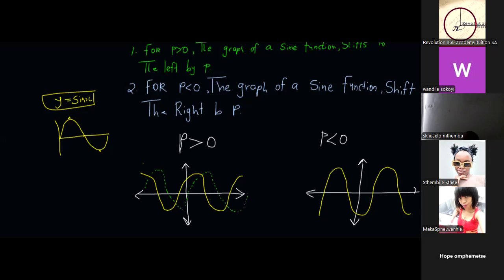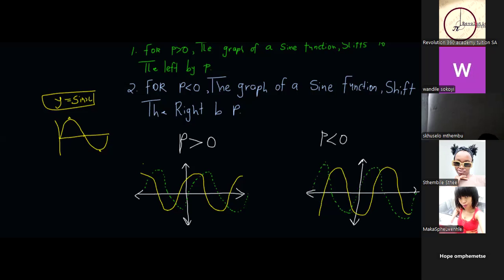Knowing the shifting part of the graph helps you a lot not to struggle when plotting this graph. Just like that. So those are some of the things that you must actually know.